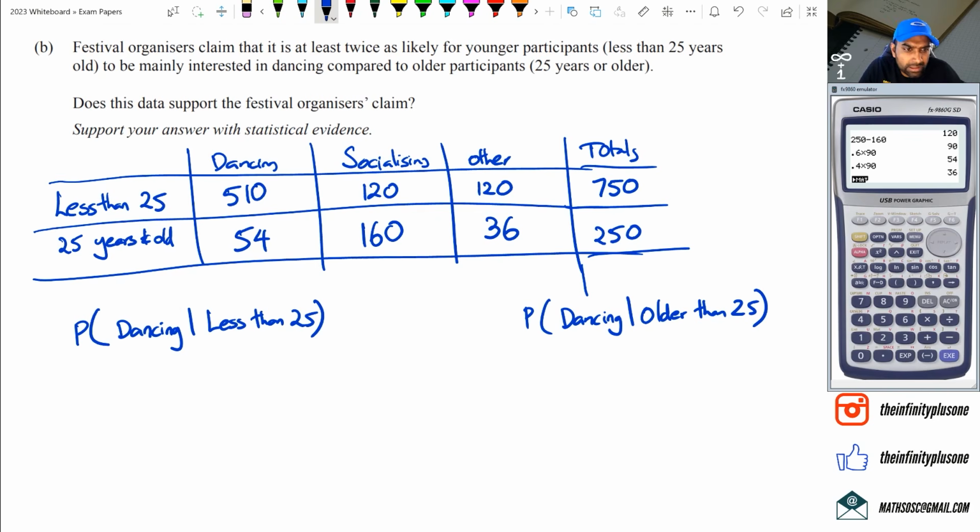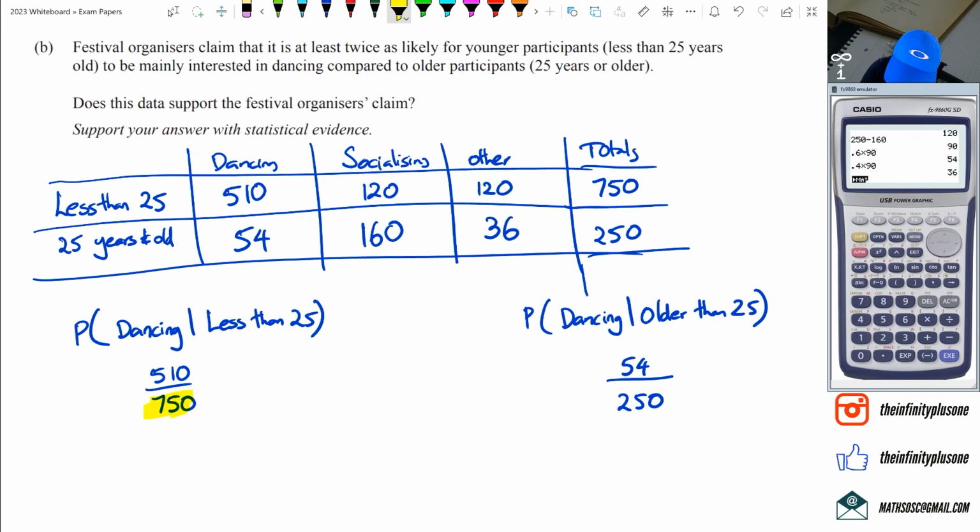Given that they are less than 25, that's out of 750, 510 are interested in dancing. So that's the probability for dancing given less than 25. As for dancing given older than 25, we've got 250, and the ones interested in dancing is 54.